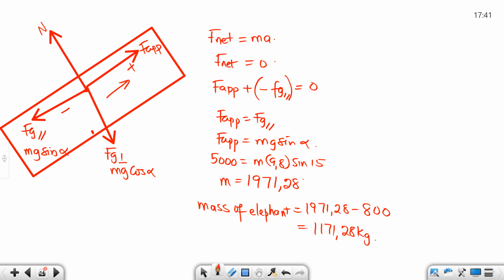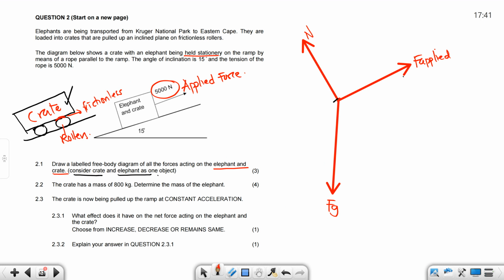Guys, is it making sense? Please, I've always said when we get here, our answer lies in your free body diagram. Always. And trust the process. I'm going to run because of time. What's our next question? The crate is now pulled up and is moving at constant acceleration.